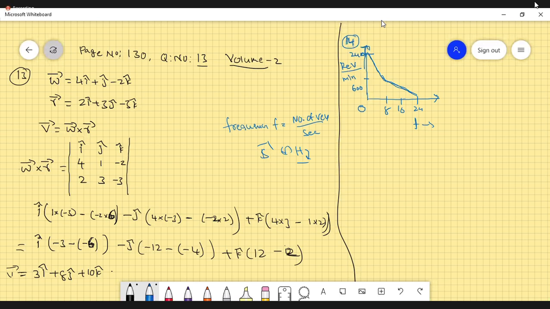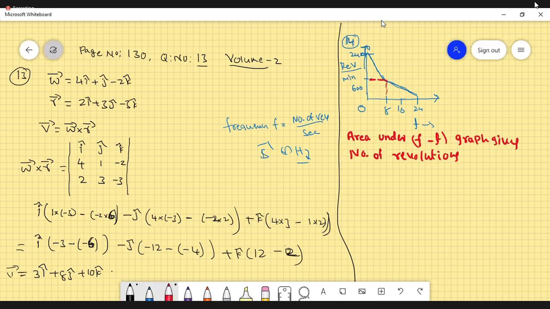So calculate the area under the f-t graph. The area under the f-t graph gives the number of revolutions.